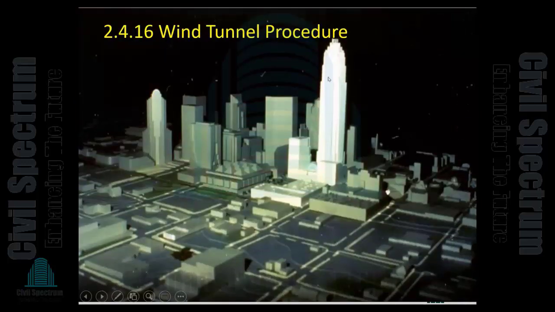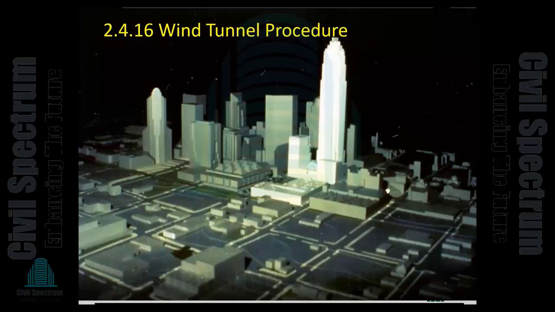This is a Chicago building that was tested out. This is near the lake shore. Again, the same story. The building that is being designed in the wind tunnel is heavily instrumented. The neighboring buildings are not instrumented but modeled to scale.